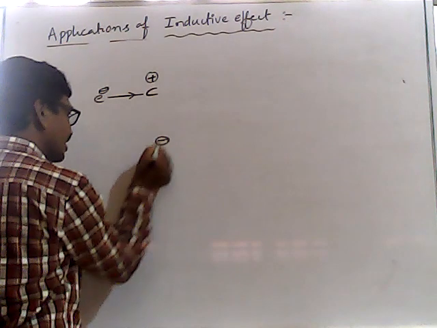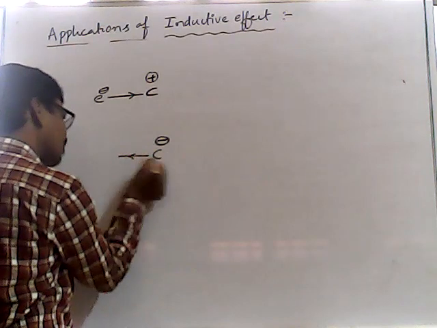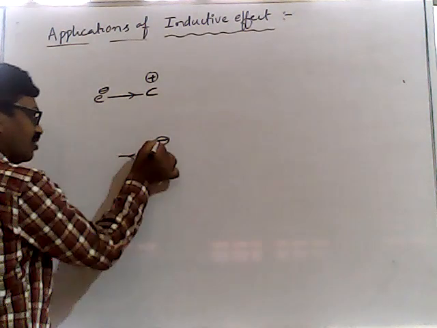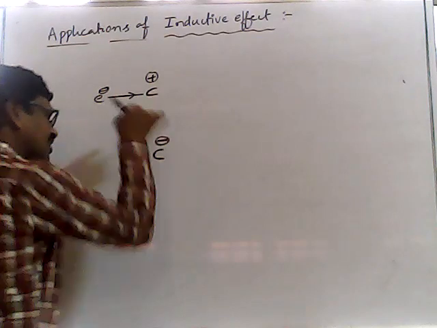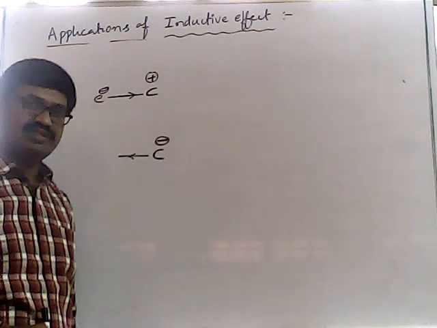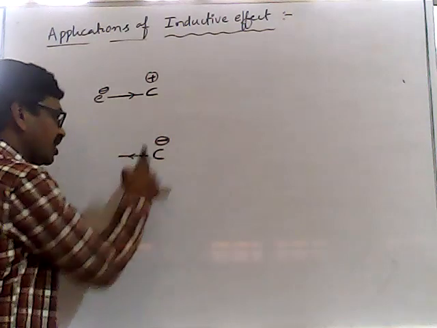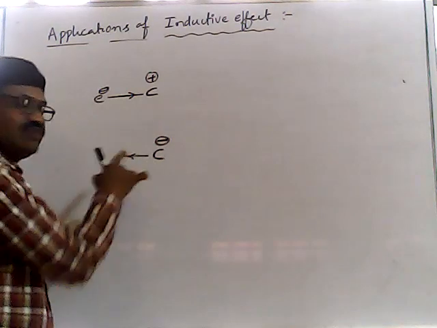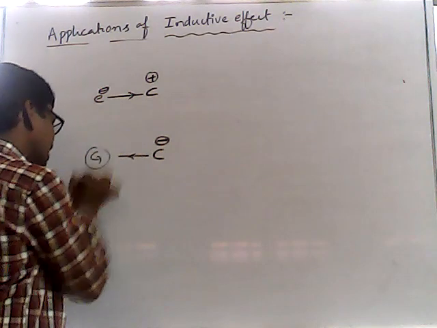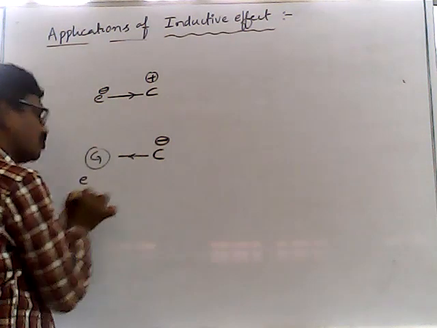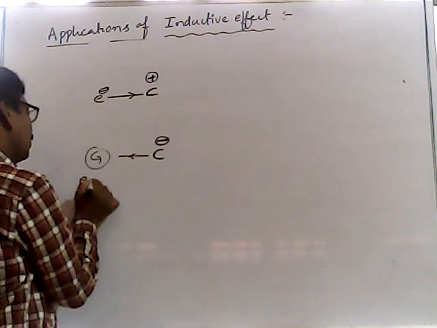Similarly, here electrons are more, so electrons must move away from the carbon atom. More electron density is present on this carbon. So how can we decrease this electron density? If we remove somewhat of the negative charge on this carbon atom, then it will get stability. So here the adjacent groups must be electron taking groups, otherwise minus I groups, meaning electron withdrawing groups.